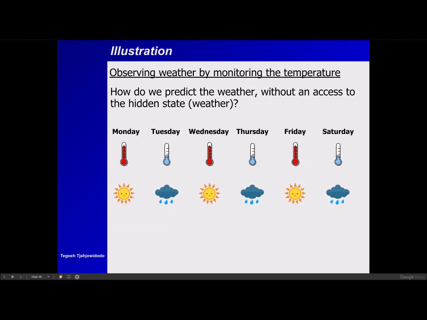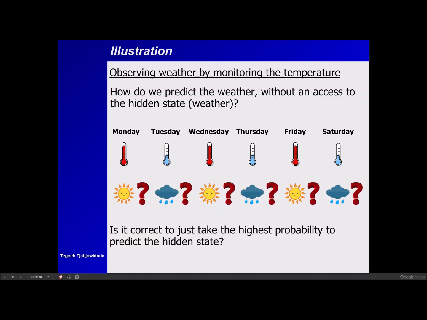So can I just, based on that knowledge, say that the weather from Monday to Saturday will be simply sunny, rainy, sunny, rainy, sunny, rainy? Can I just simply say that? That is the question that we are going to answer using this hidden Markov model.